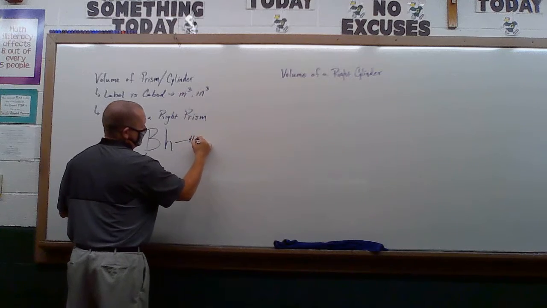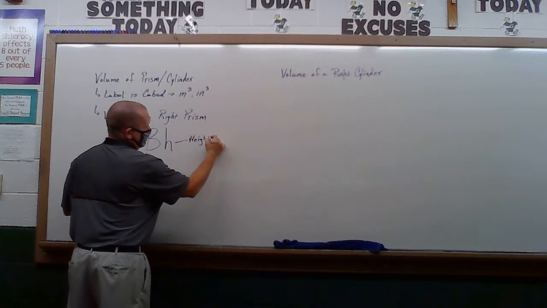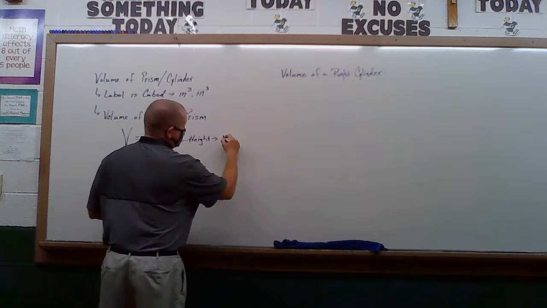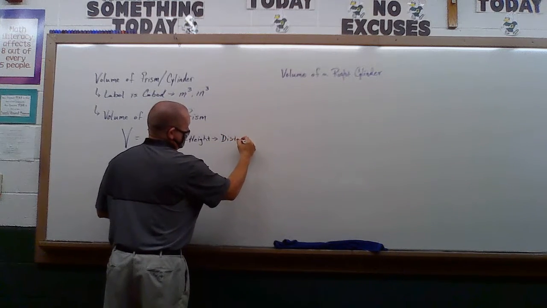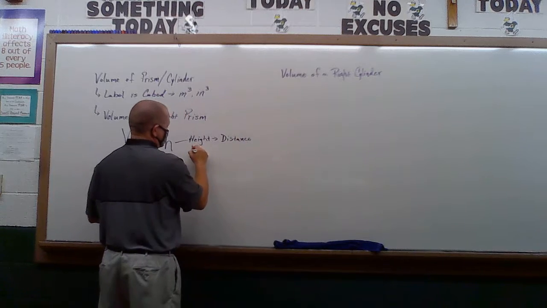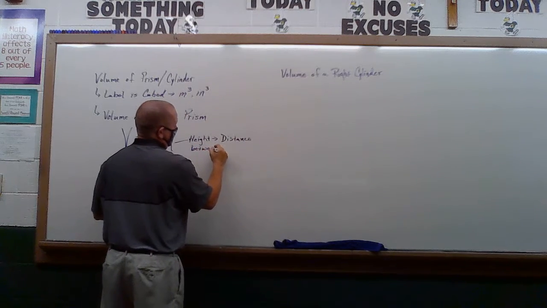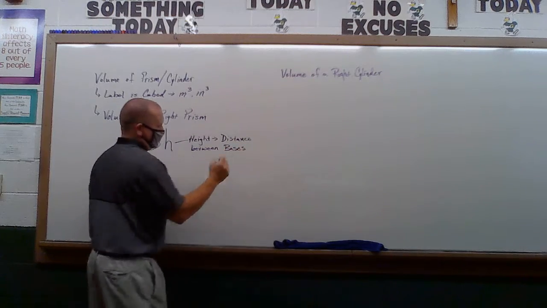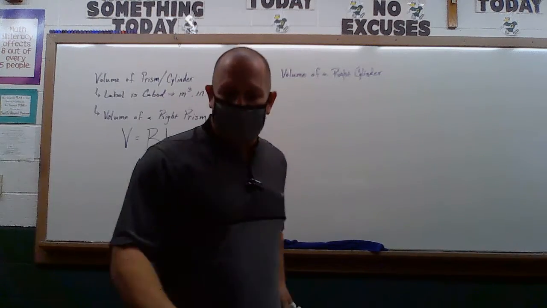And what do you think H means in this case? This is the height, but it's the height of what? What does height actually represent in this? It's the distance between the bases. And this is where we would have that box in the corner, right? To form that right angle.